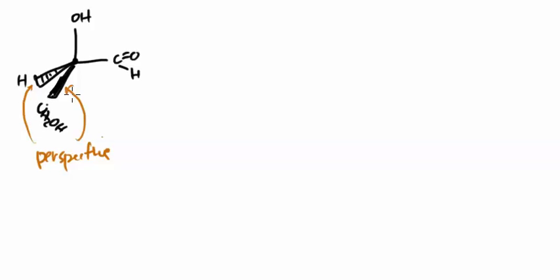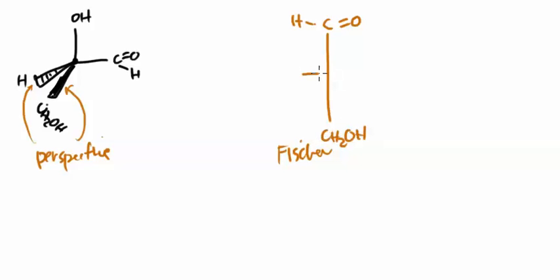Well, we've already been introduced to a new formula in this section, and that was called the Fischer projection, or the Fischer formula, right? And we said that in a Fischer formula, these things went straight up and down like this, and we had maybe a carbon up here at the top that had a C double bond O and an H on it, and we had maybe a CH2OH group down below, and then in the center we typically had a carbon backbone.